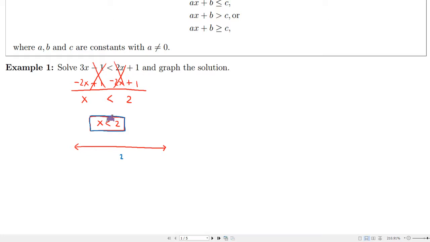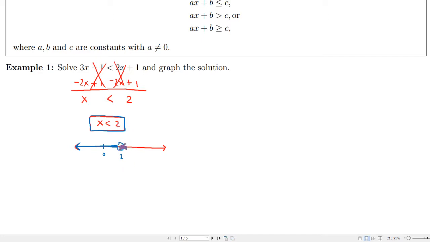And because we're not going to include 2 in the solution, we're going to use an open circle, and we're going to fill in this region over here. Everything in the blue is an x value that satisfies this inequality. For example, the value 0 is over here, and 0 is strictly less than 2.